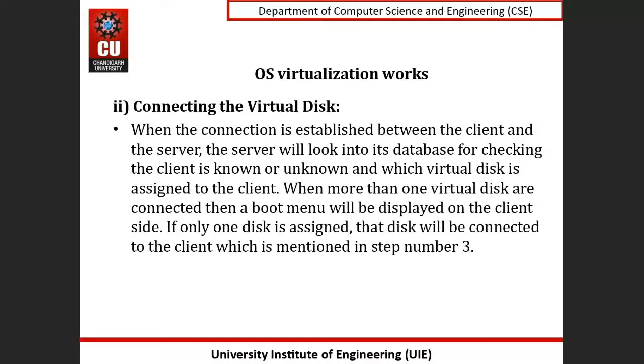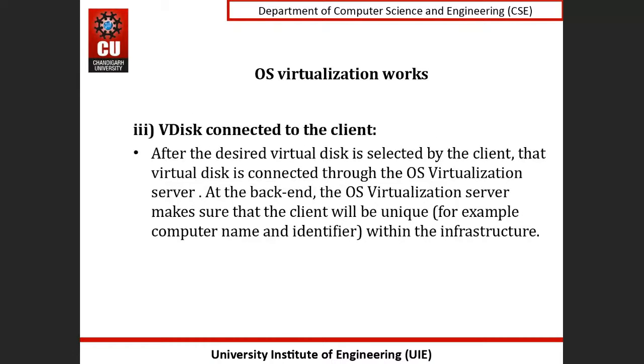When more than one virtual disk is connected, a boot menu will be displayed on the client side. If more than one is assigned to that client, there will be a boot menu visible showing which ones are assigned to it, right? So the disk will connect to the client. The next step is that the disk will connect to the client, the one who made the connection with the server, right?